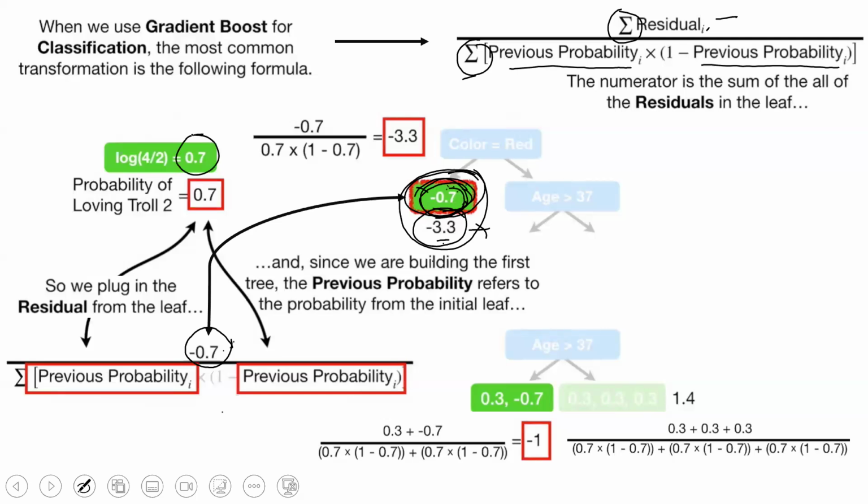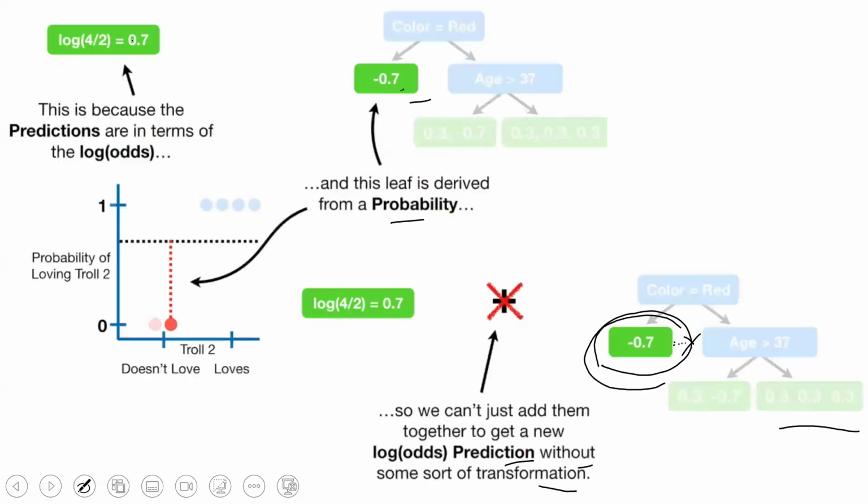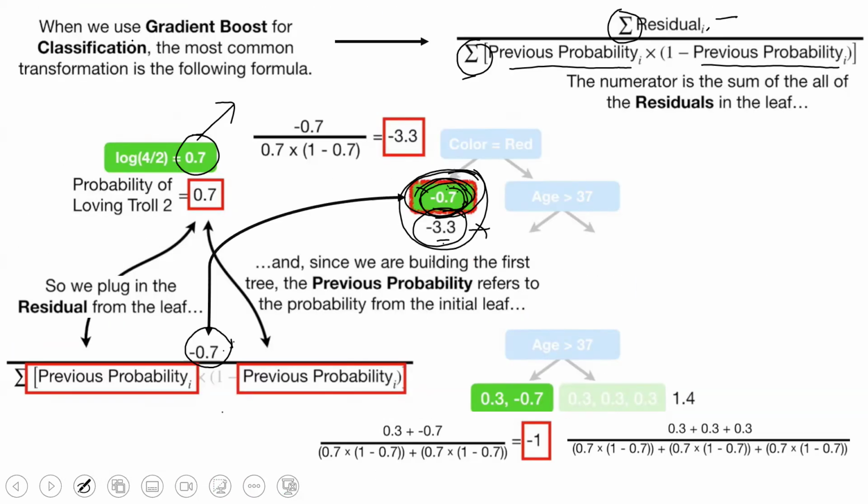The previous probability is 0.7. Every sample in the first iteration would have the same probability. In the first step, we predicted the probability of all the samples to be 0.7. So that is the initial previous probability. As we move on to the next steps, that probability will keep on changing, but for the first step it would be 0.7 only.